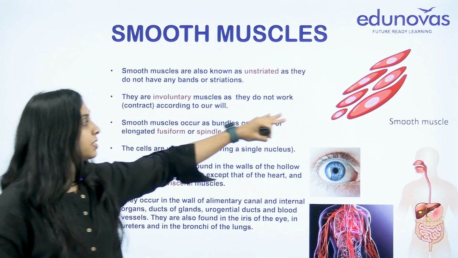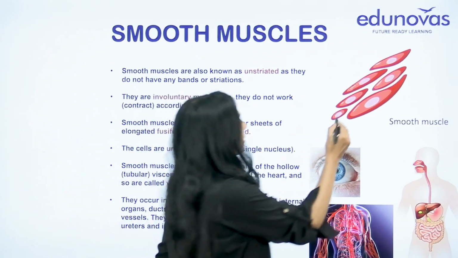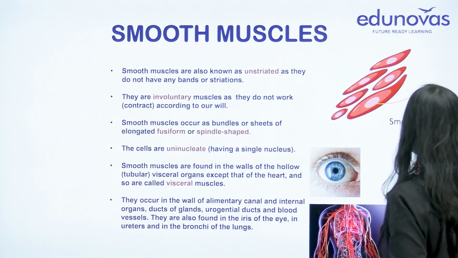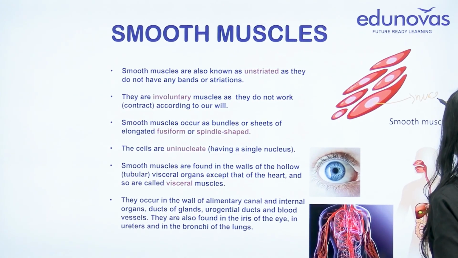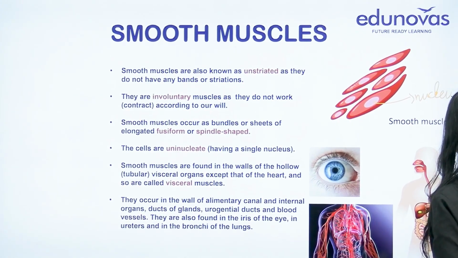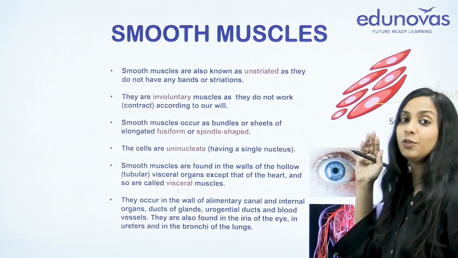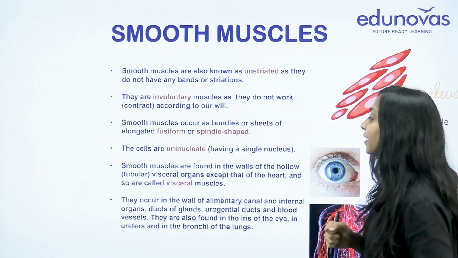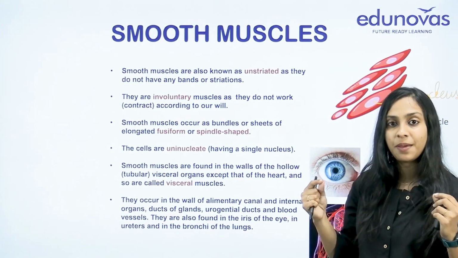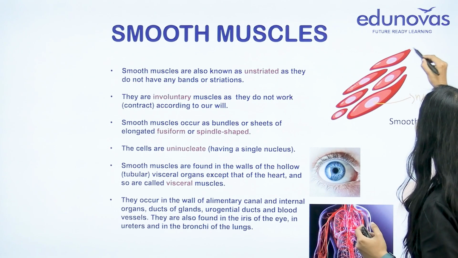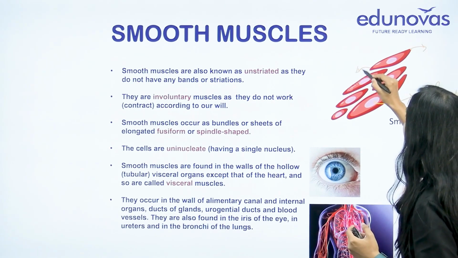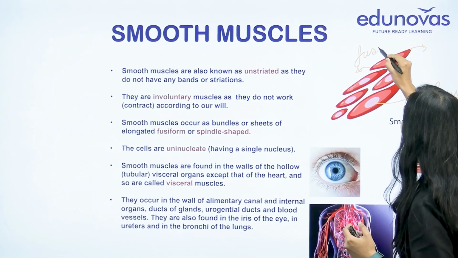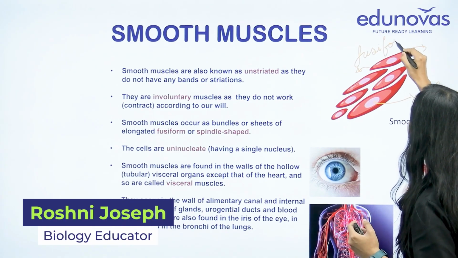Also, if you have a look at this diagram, you can get to see that there is just one nucleus per cell, making this a uninucleate type of cells. They are also spindle shaped, meaning tapering ends. As you can see, you have pointed ends over here, giving it a fusiform or a spindle shaped appearance.